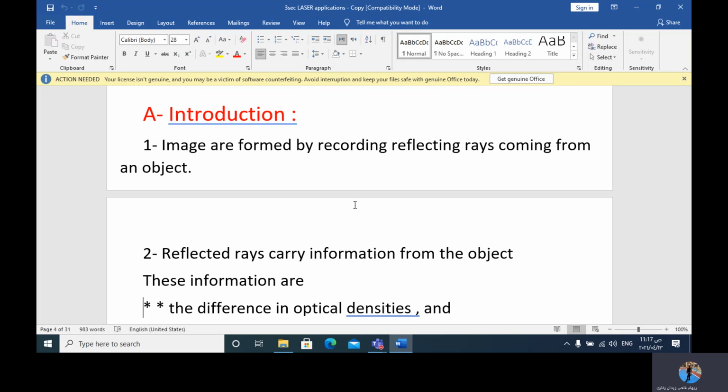So in general, images are formed by recording reflecting rays from an object. Light falls on an object, and then this light will be reflected out from the object, received by sensitive film or photographic plate, and then the photographic plate will record the image in the form of points. Each one of them represents different intensity of light.